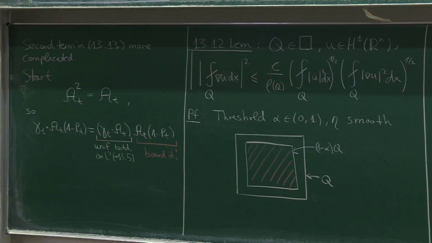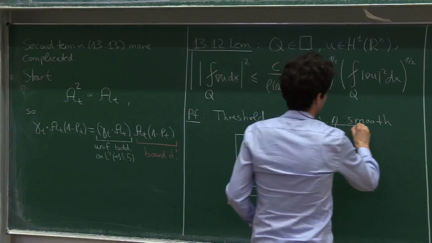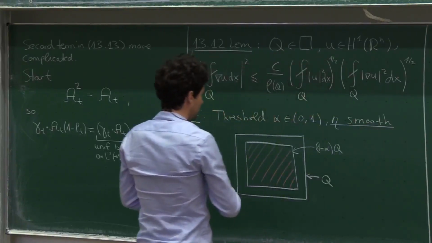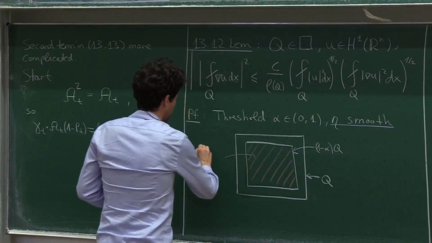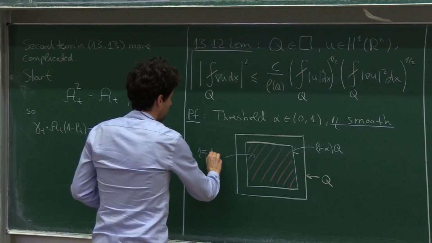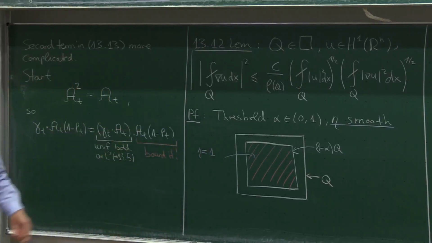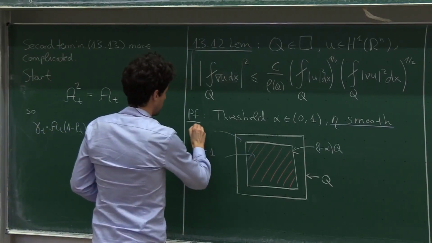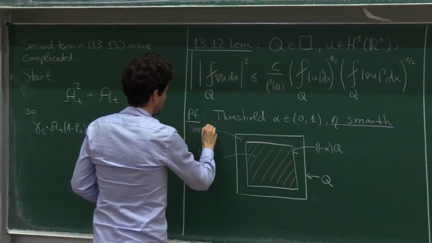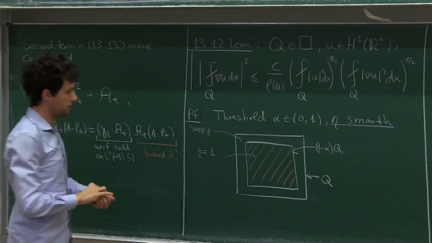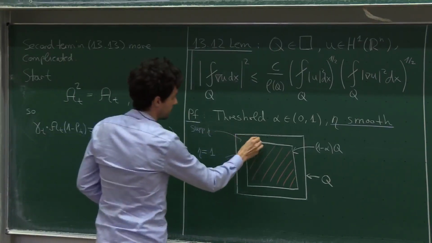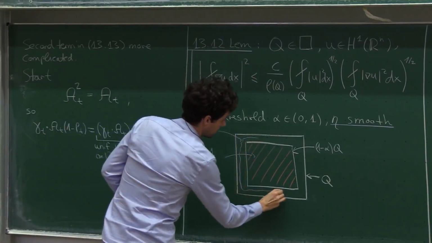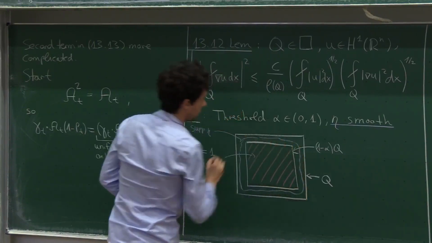Okay, and then the function eta, the smooth function eta that I want to have, it should have the following properties. It should be equal to 1 on the smaller cube. It should have support in the larger cube. Okay, so the support of eta is something like this, maybe.